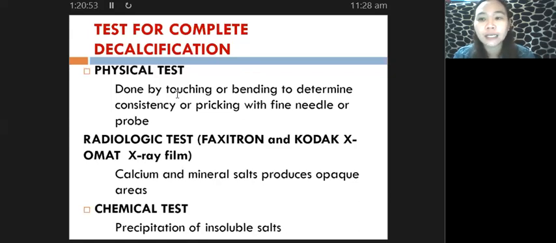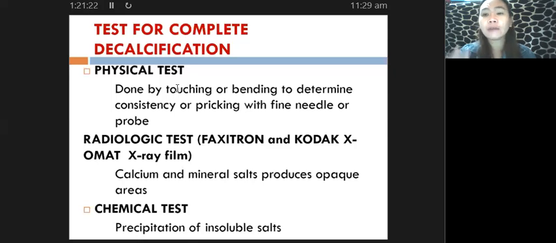In radiologic testing, absence of opaque areas indicates complete decalcification, so you stop the process. For chemical testing, absence of precipitate, cloudiness, and turbidity indicates complete decalcification, so you stop the process.